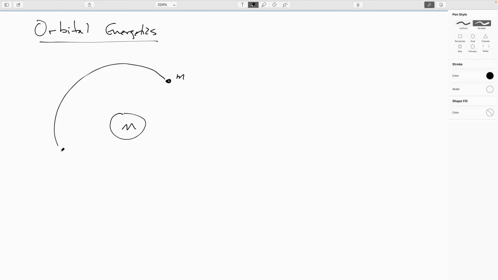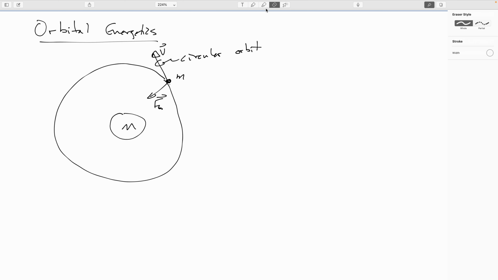And let's say this is a circular orbit, just for starters. We can figure out what speed you have to be going to make that happen. So there we go. Those are supposed to be perpendicular to each other. Let's try that again. There we go.